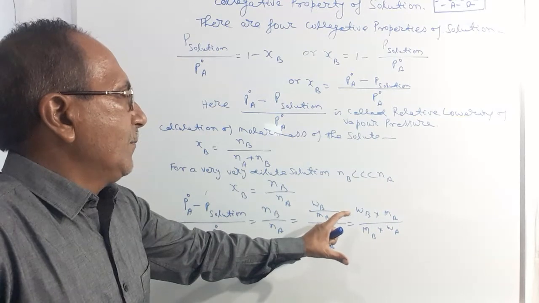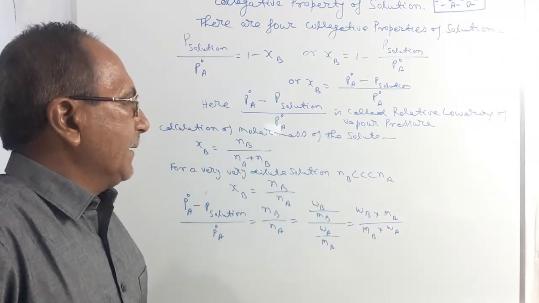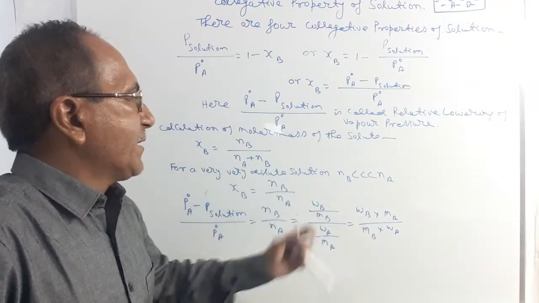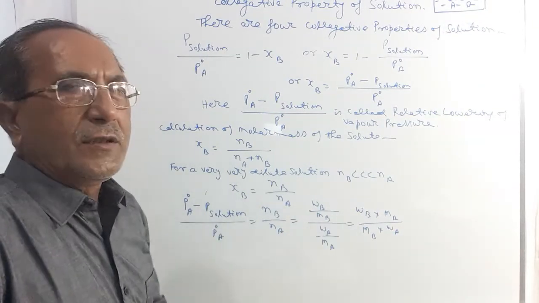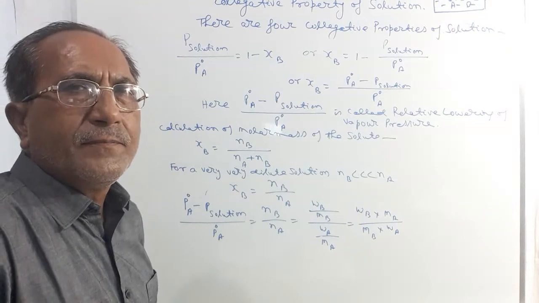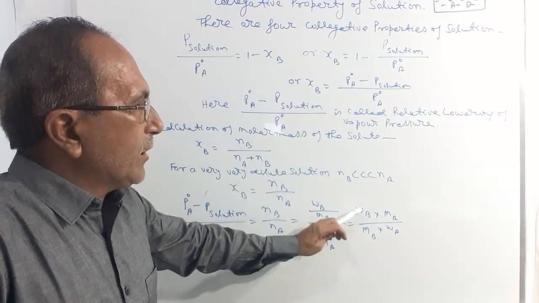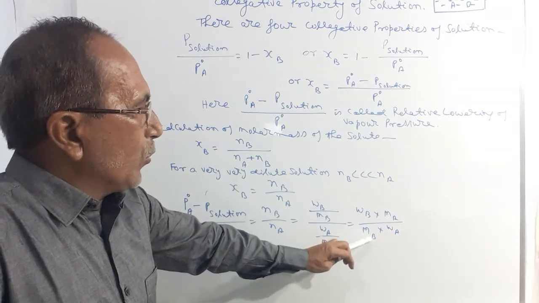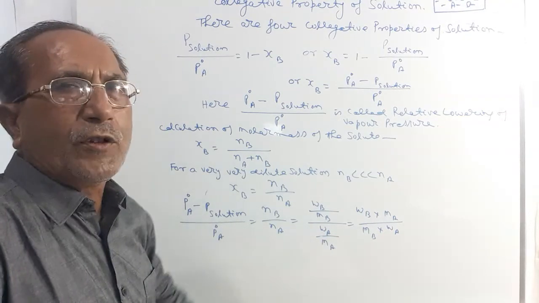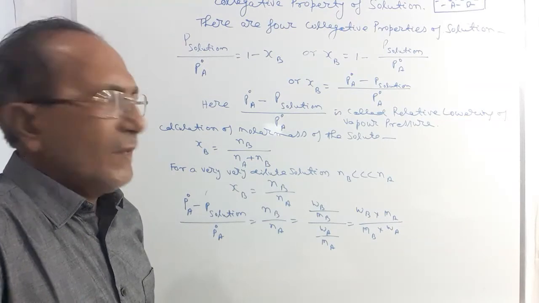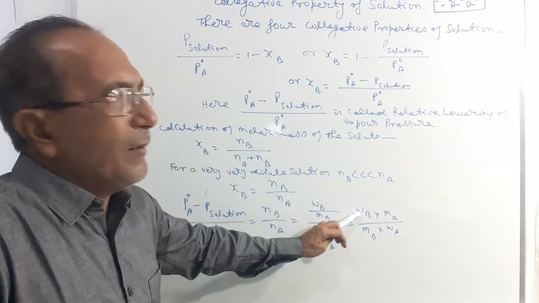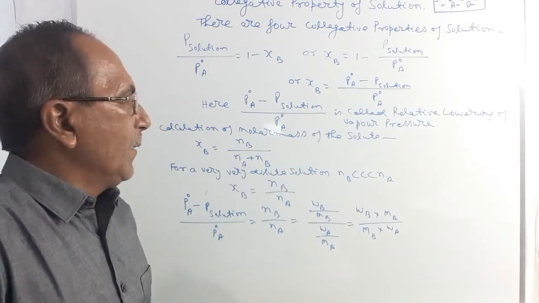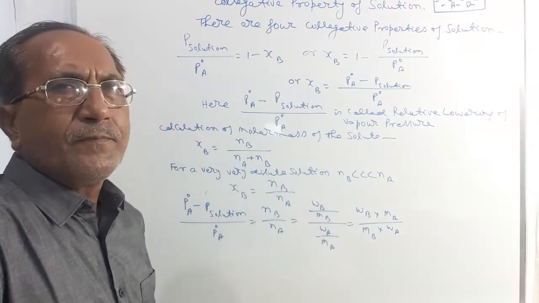यहाँ एक इम्पोर्टेंट बात यह है, अगर सॉल्यूट की बात करें तो molecular mass of solute always remains constant. This WB can be increased or decreased because weight of solute may be high, may be low.